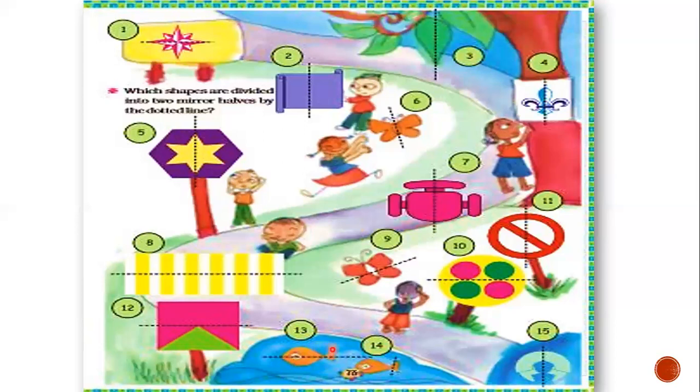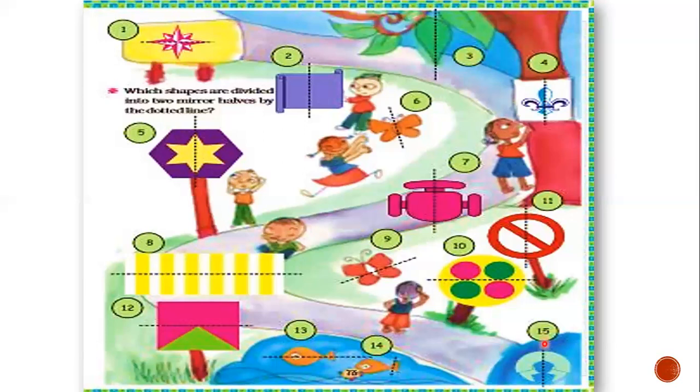Remaining all the parts are exactly divided into two identical parts. But if we consider the tail part, it is not dividing into two equal halves. So I have not taken 13 as the exact mirror half. 14, no, only a small portion is left behind and you are not going to get the exact mirror half.